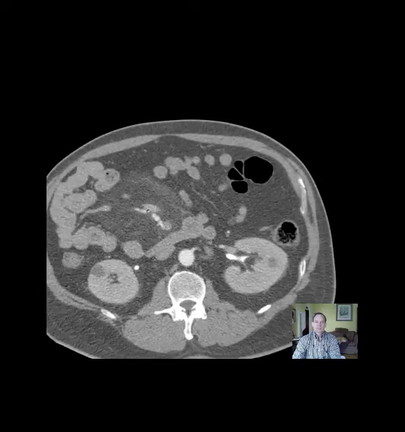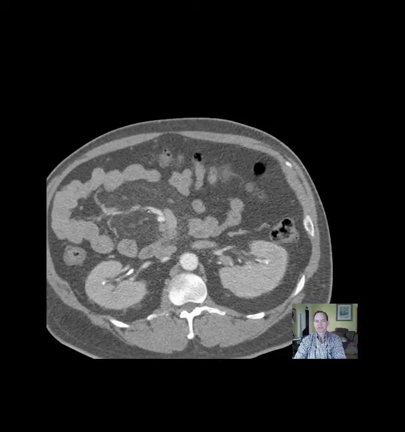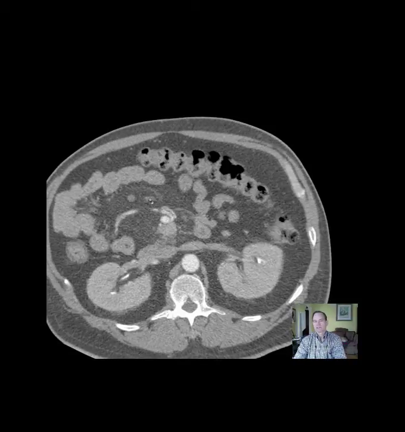So this is something that we really never saw until we got high-resolution CT. Now that we have that, we see it fairly regularly, and occasionally every couple of weeks or every 2 or 3 weeks, something like that, we'll see something like this. It's nonspecific. It can be the cause of abdominal pain.